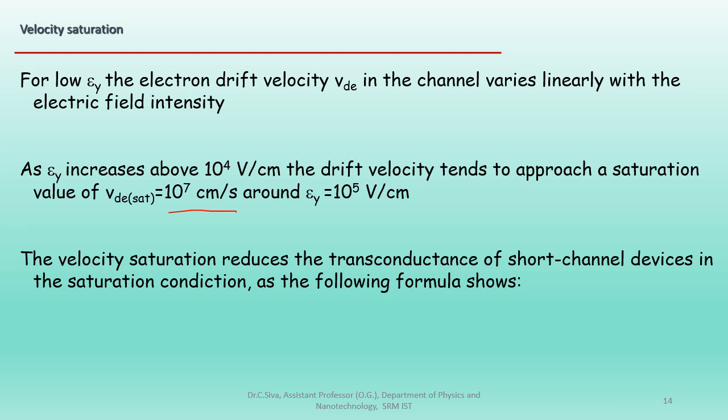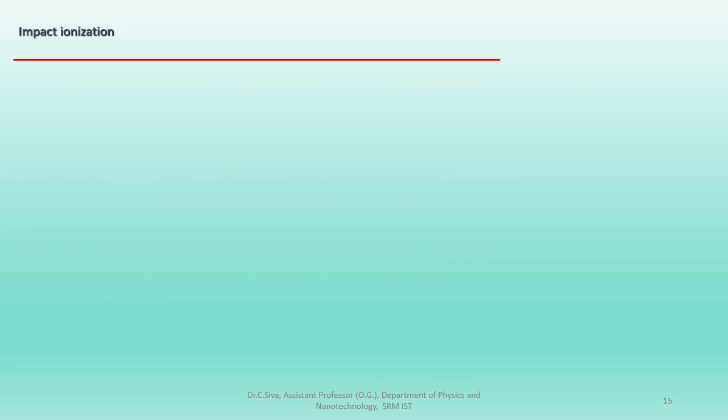This reduces transconductance and limits the current value, especially in short channel devices, which is called velocity saturation. Velocity saturation reduces the transconductance of short channel devices in the saturation condition, as in the following formula, where Gm is equal to W into C into V.